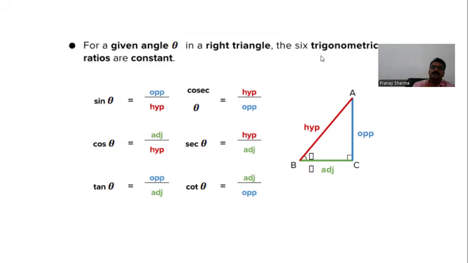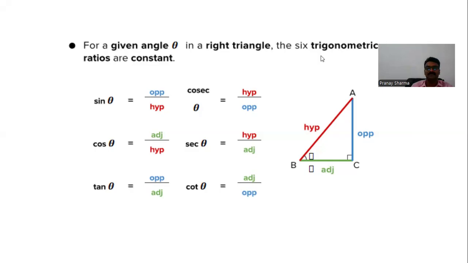But sir, here we are given different terms: opposite, adjacent, and hypotenuse. I told you how to figure out the hypotenuse. The side that is opposite to the 90 degree will always be the hypotenuse. Now, for opposite and adjacent, you need to check the theta from which you are taking your reference.